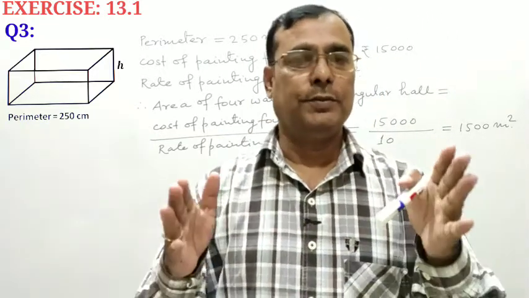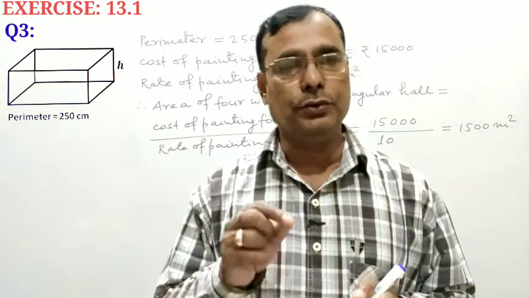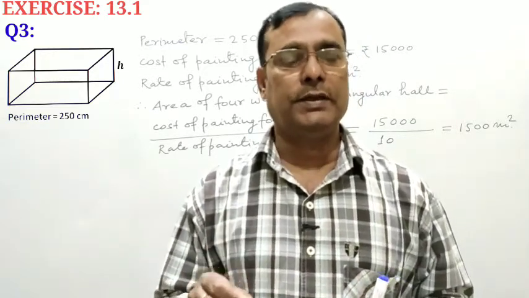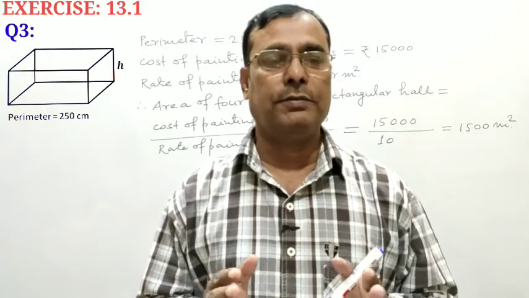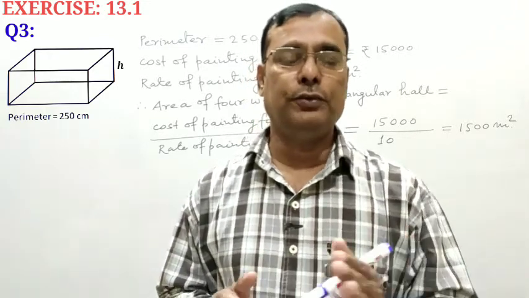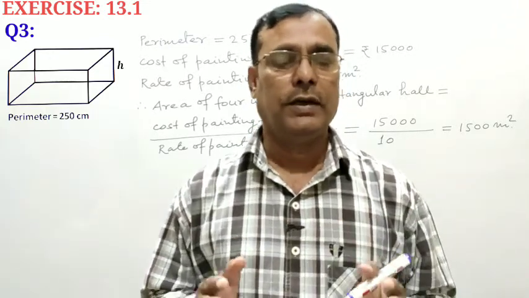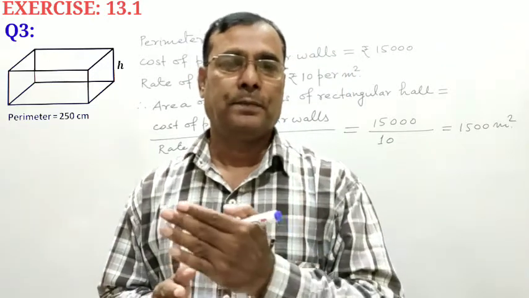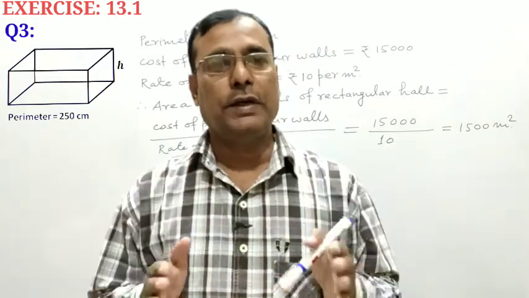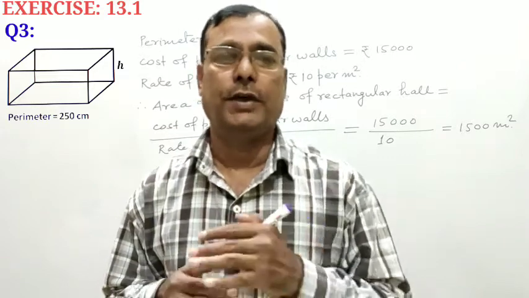and we know 2 into length plus breadth into height is the formula for calculating area of four walls of a cuboidal room, or we can say area of four lateral walls of a cuboid.